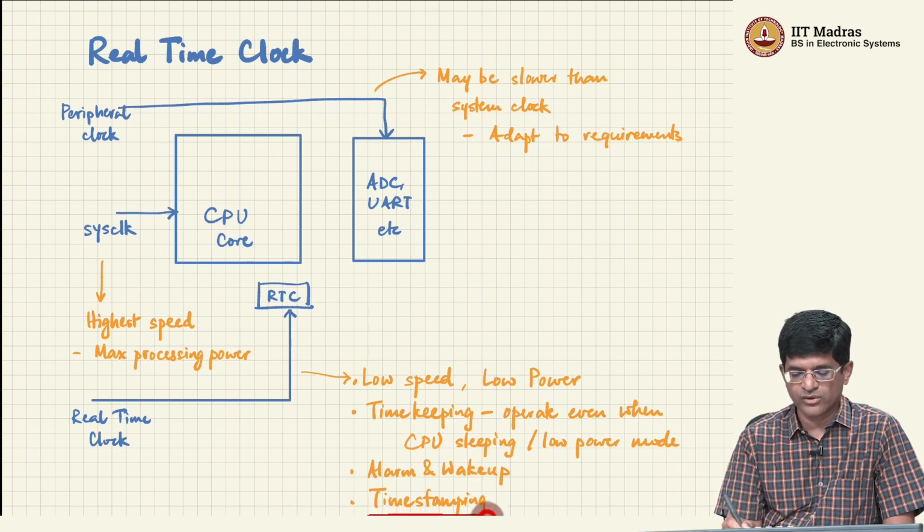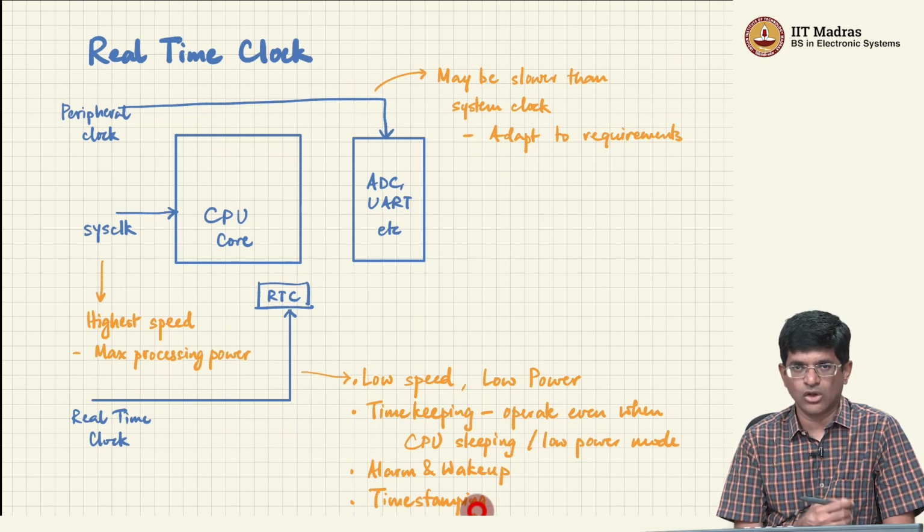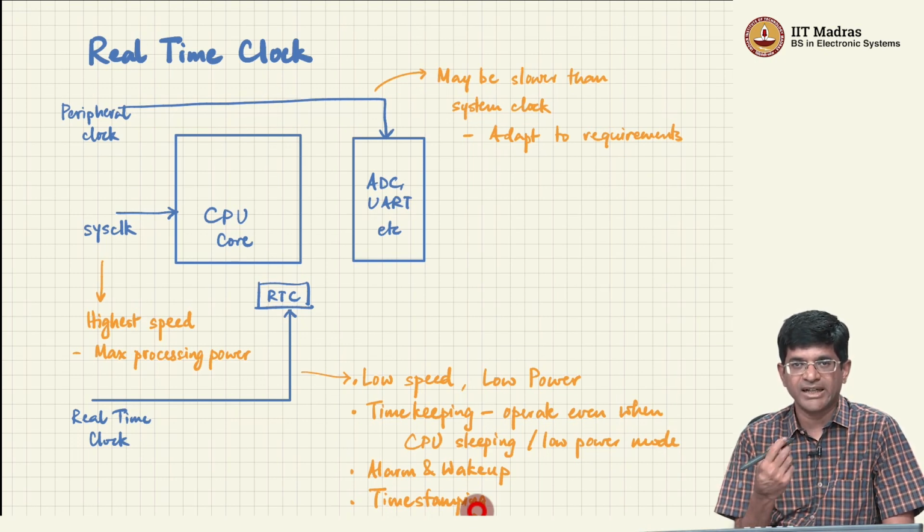They can also be used for certain kinds of time stamping applications. So if you have events that are not happening very often, the RTC just keeps track of time, and every time the event happens, you just look at what is the count on the RTC. The CPU wakes up, takes that count from the RTC, saves it somewhere, or sends it off to some other host that's collecting data, and then goes back to sleep.